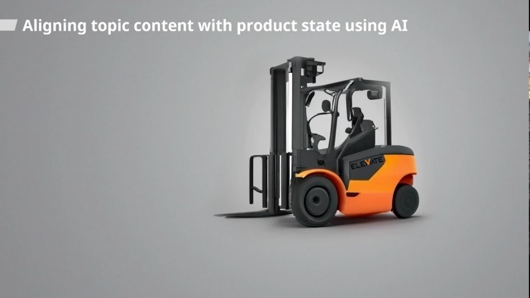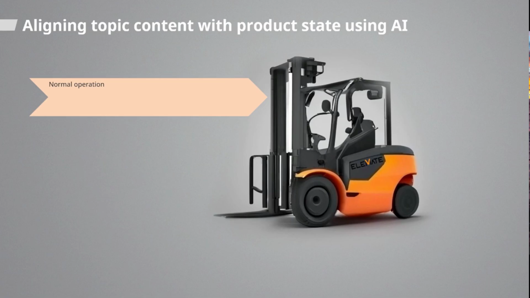Okay, let's wrap up and look at an additional thing we can do from the same perspective. If this is the timeline for this forklift, this can be 15 years in normal operation. Of course, the state or configuration of this product changes over the course of its lifetime. Maybe a software function is deactivated by the administrator at some point in time.